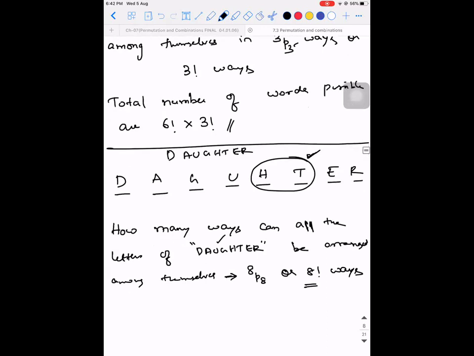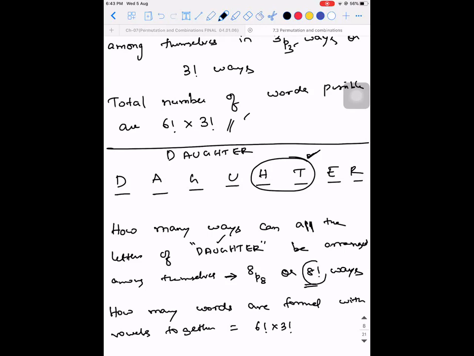But in those 8 factorial ways, how many words are formed with vowels together? That is 6 factorial into 3 factorial. Of the total 8 factorial ways, there are 6 factorial into 3 factorial words that are formed where the vowels are together.